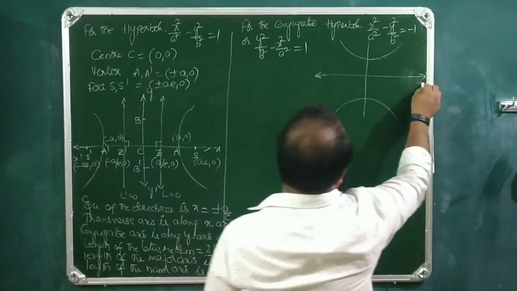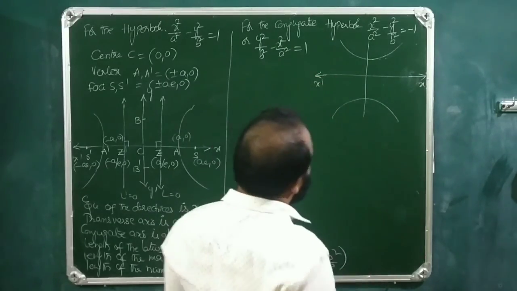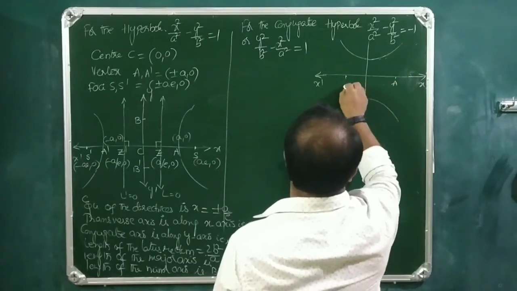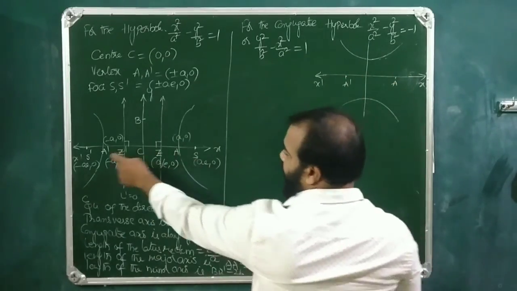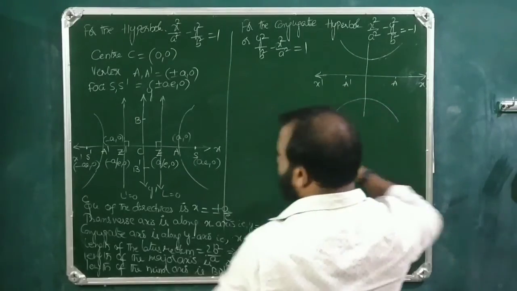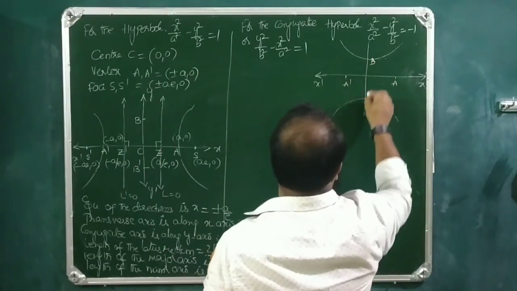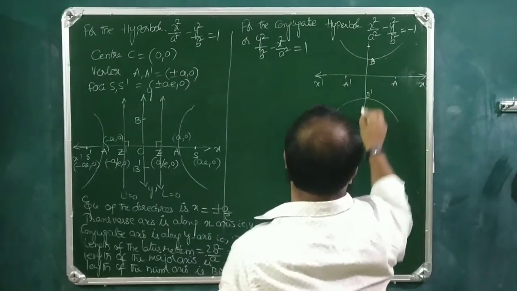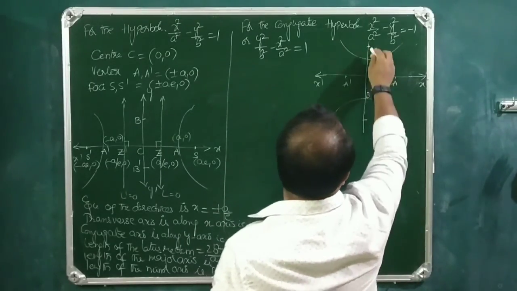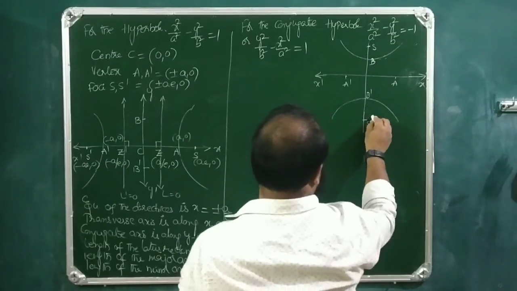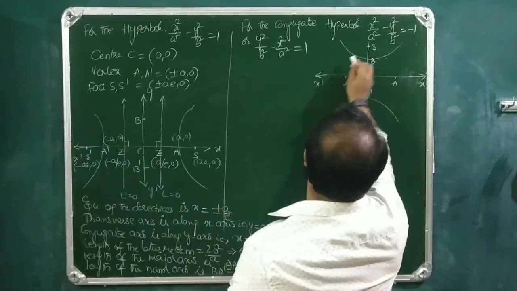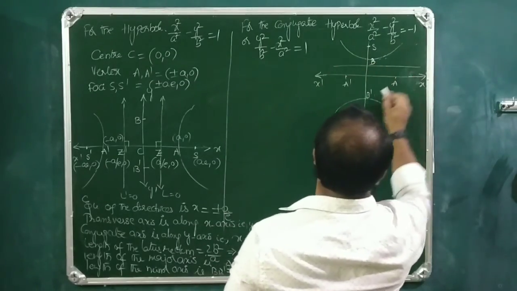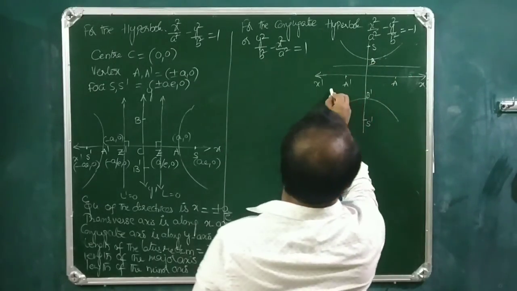This is xx dash. So A, A dash are here. It is not changed. So here B, B dash. The foci are situated here, S, S dash. So this focus corresponding directrix is this, and this focus corresponding directrix is this.